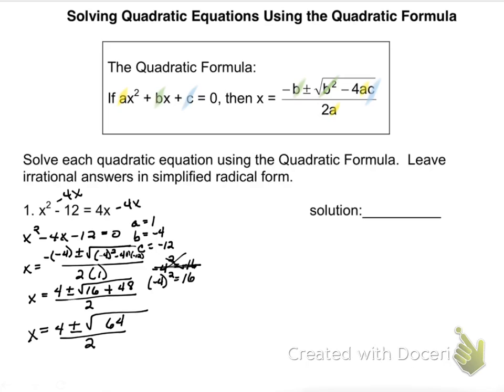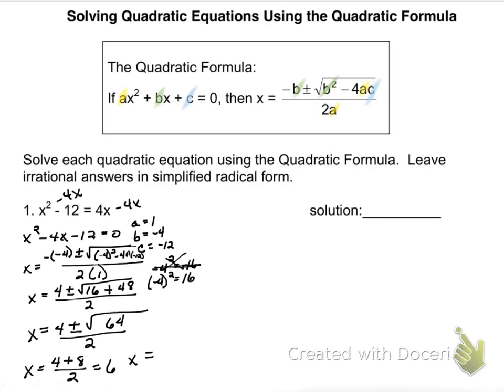Okay. Now there's a number under the radical, so that means I'm going to have two solutions. If it was negative or if it was 0, it'd be different, but I'm going to have two answers to this. And so we have x equals 4 plus 8 over 2, since the square root of 64 is 8, and we put the plus, so that's 12 divided by 2, that's 6.